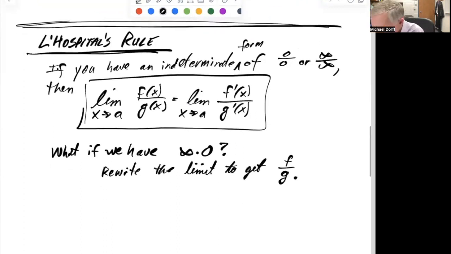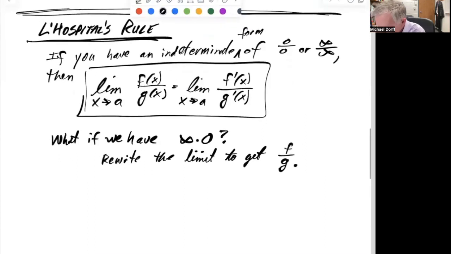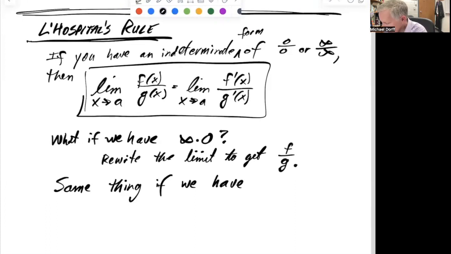Or the same thing if I have something like infinity minus infinity, or something to a power, like we talked about some other power ones. Earlier we saw a power one that was infinity to the 0.